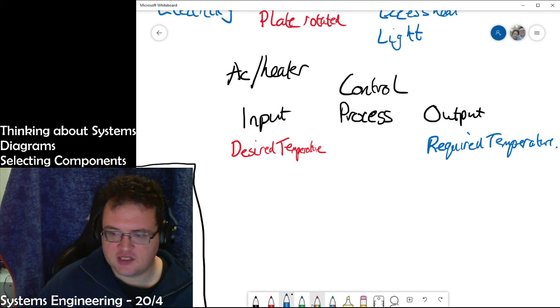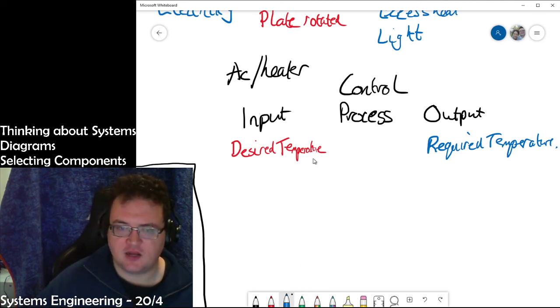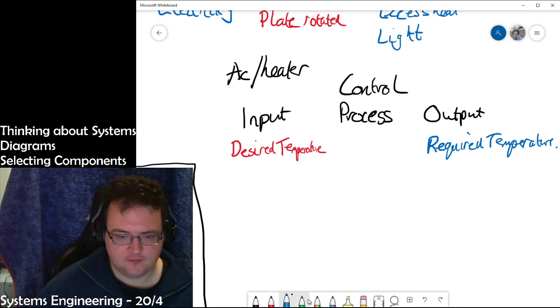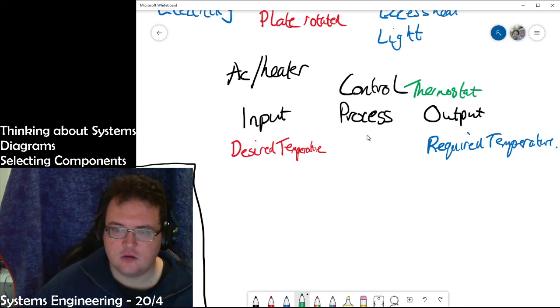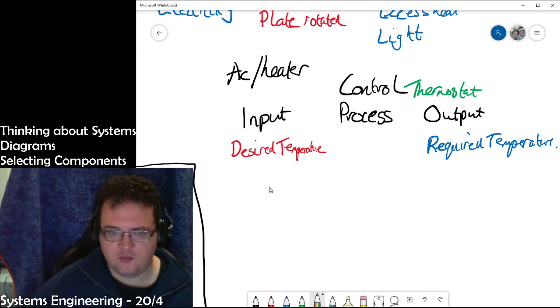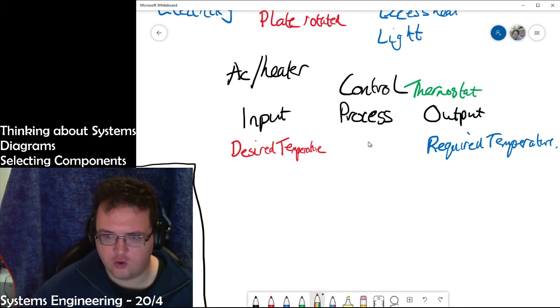But through this whole process, there is something that sits over the top of it all and controls it. The thermostat inside the air conditioner or the heater controls this whole process. What happens is you input your desired temperature, and the required heating or cooling takes place.